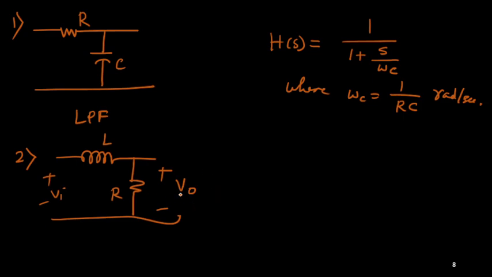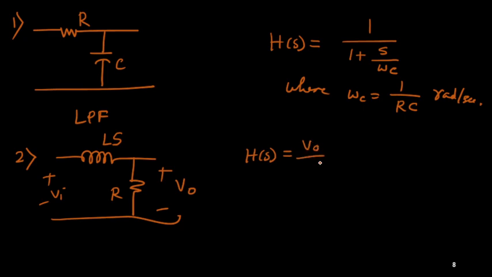So how do we find this transfer function H of S, this output by input ratio? I replace this inductor by its reactance L into S, then we will find this H of S.